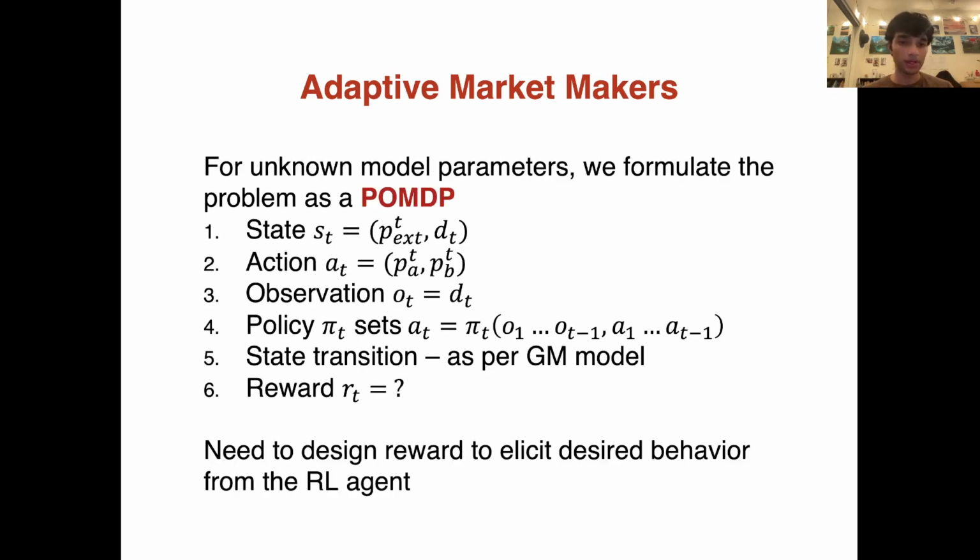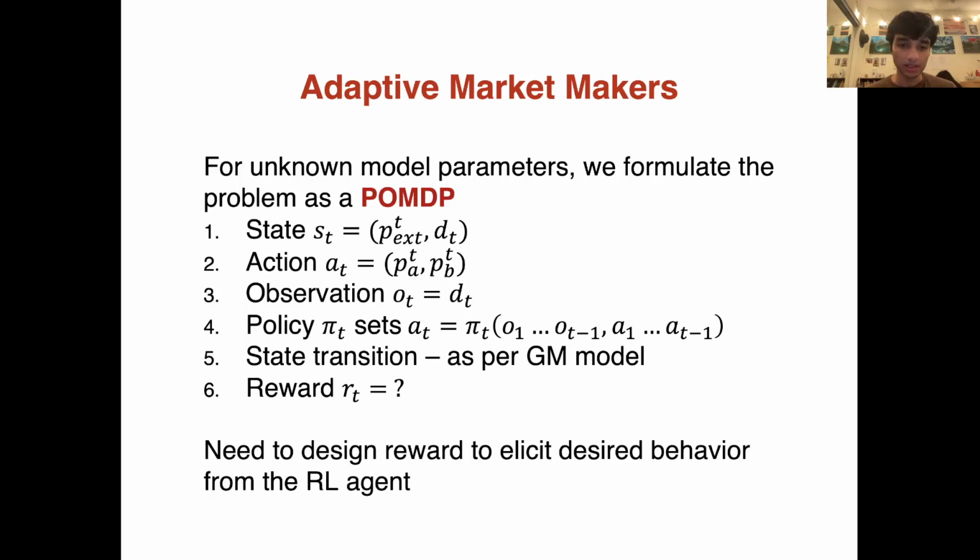Thus, when the model parameters are unknown, we reformulate our problem as a POMDP, or partially observable Markov decision process. This process is defined by these 6 variables. Firstly, the state contains the external price and the trader action at each point in time. The action contains the action done by the market making agent, which is the ask and bid prices.